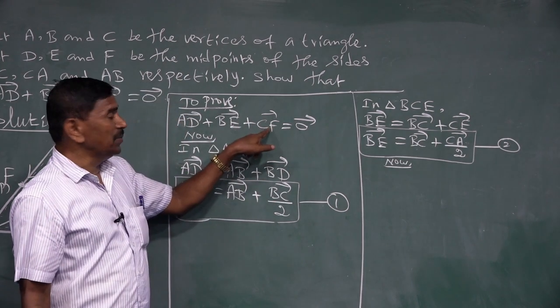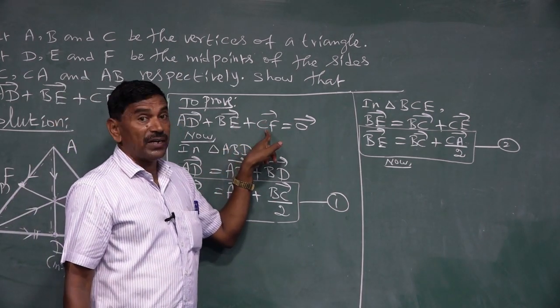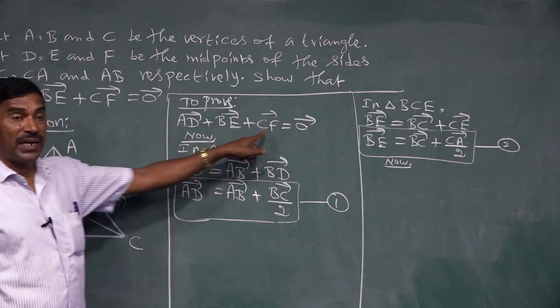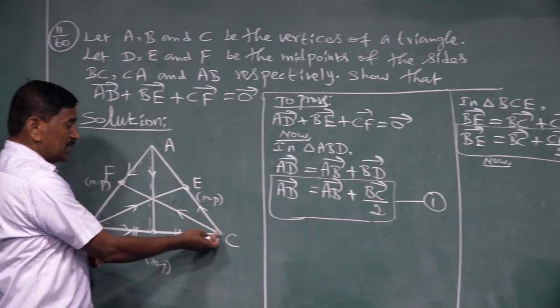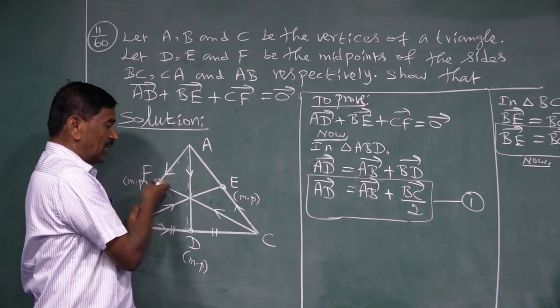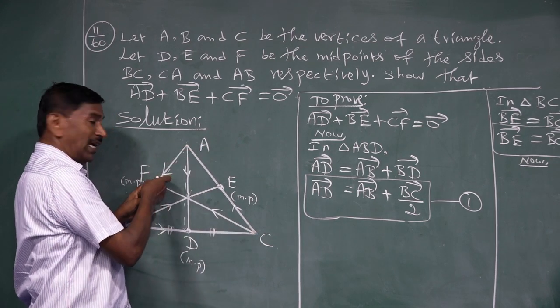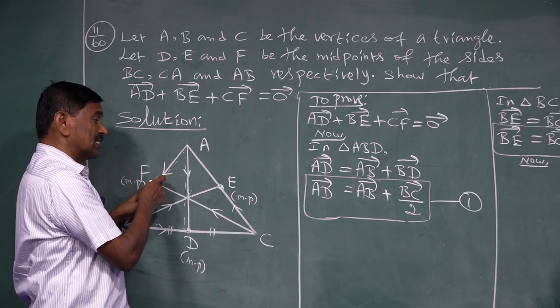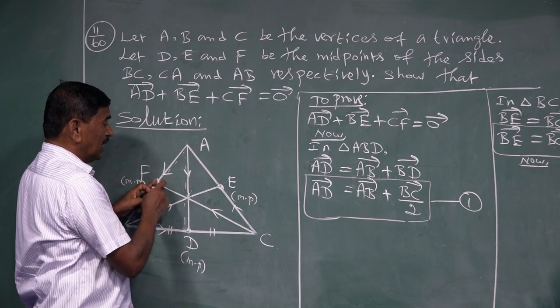Now, I want to find the third term. What is the third term? CF vector. Okay. And to find CF vector, which triangle I want to consider from the diagram? Yes, CF vector is equal to CF vector, straight root. Next root is CF vector is equal to CA vector plus AF vector, in triangle FCA.